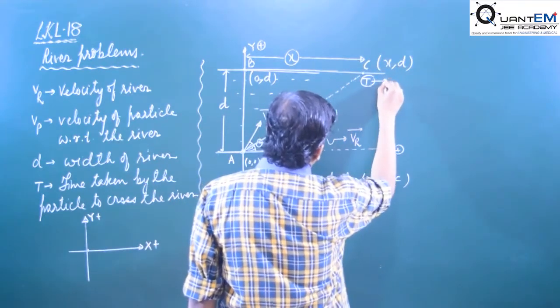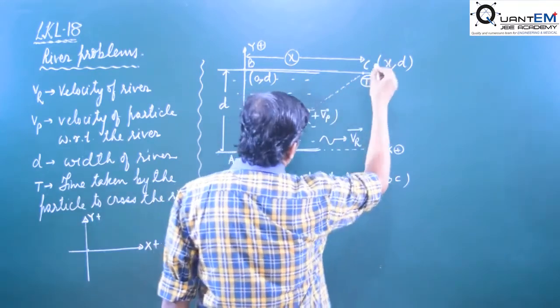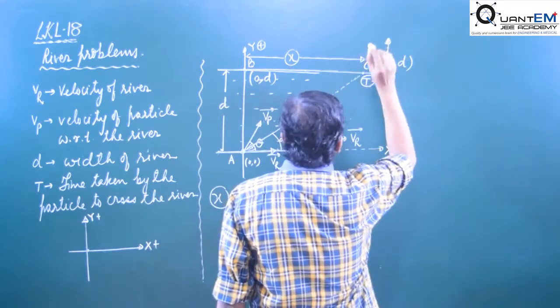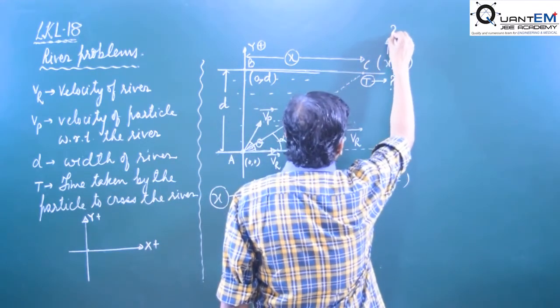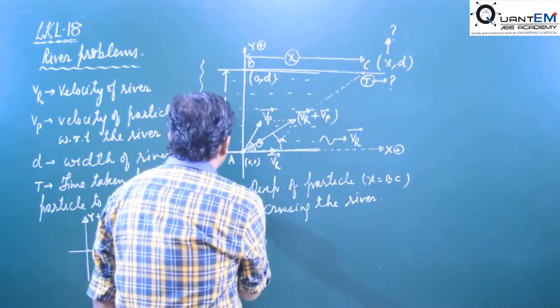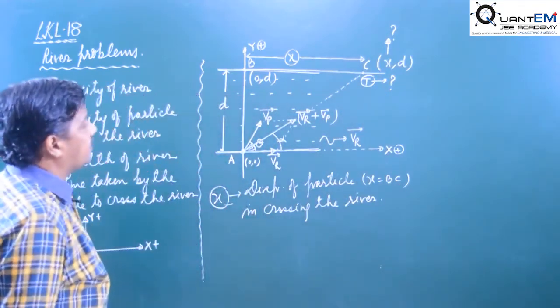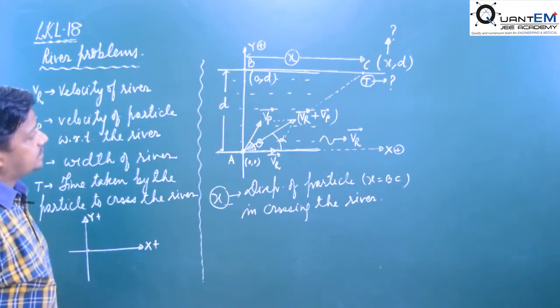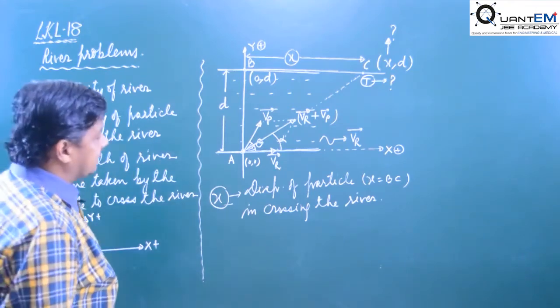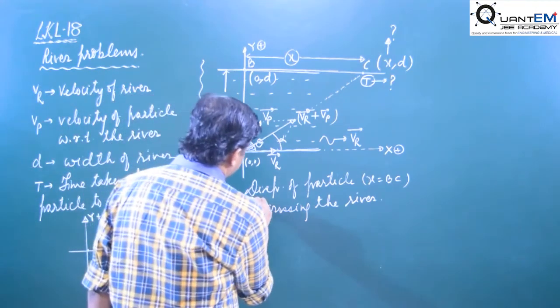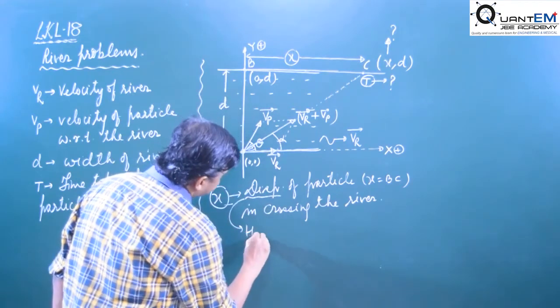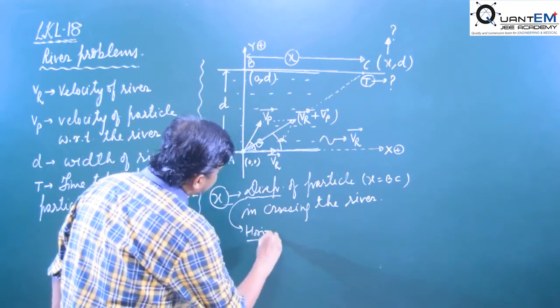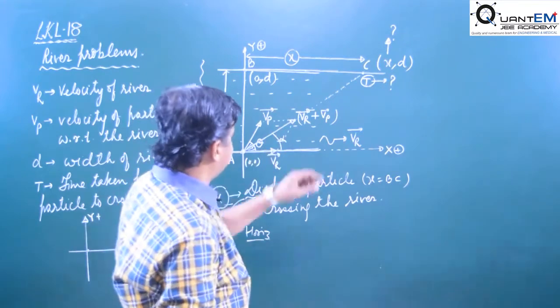So we have to find the value of time taken by the particle to cross the river, and this one is unknown value x. This result also we have to get, x, that is the horizontal displacement of particle, not only displacement. Actual displacement of particle is AC.